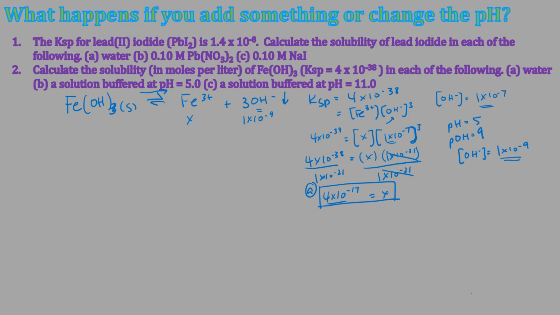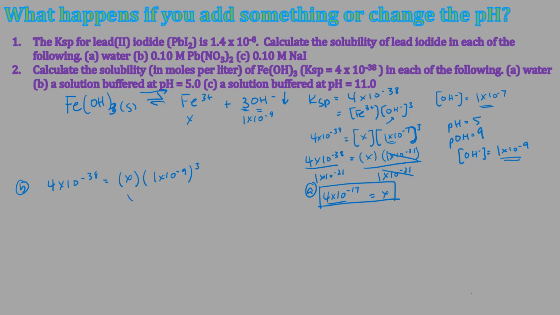All right, so I'm going to do B right here. So I've got 4 times 10 to the negative 38, my Ksp. Fe3+ will be x, and the hydroxide will be 1 times 10 to the negative 9th, but remember it has to be cubed, right, because that's what's in the Ksp expression.